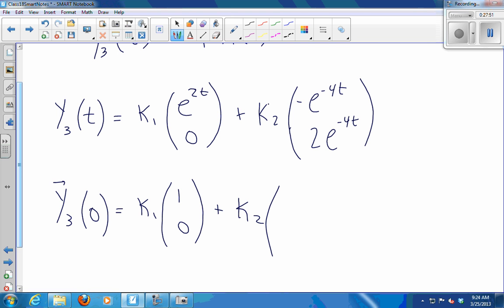And here I get -1, 2. I want to choose my k1 and k2 so that when I do this, I get the correct initial condition, 2, -3.